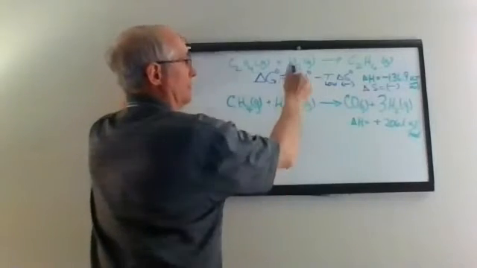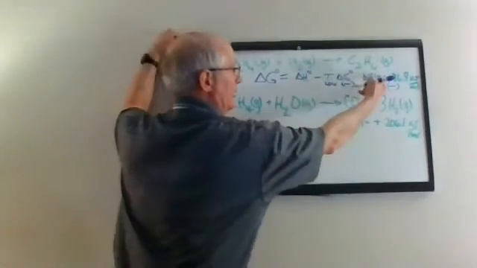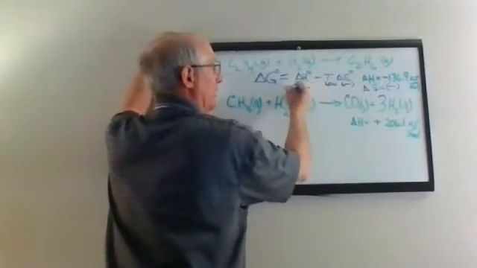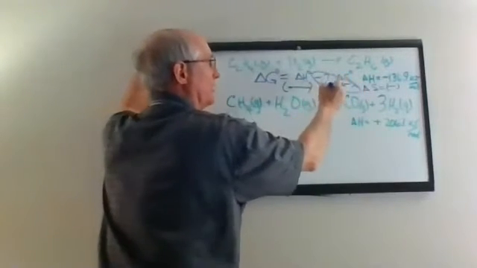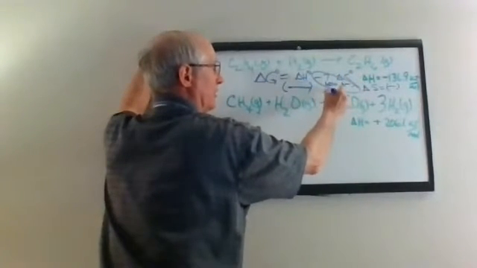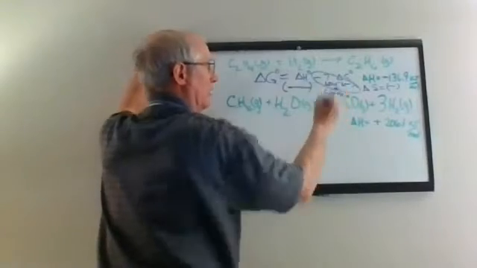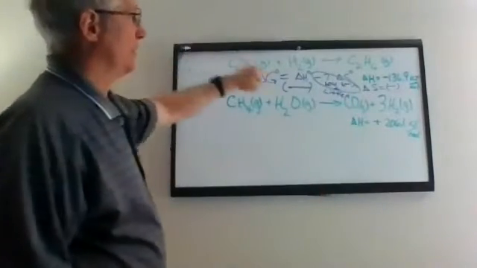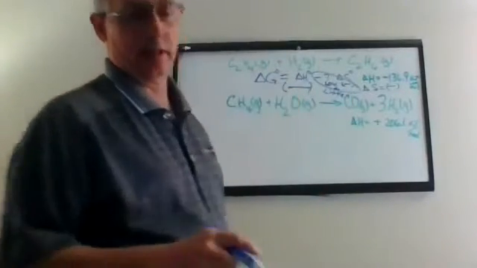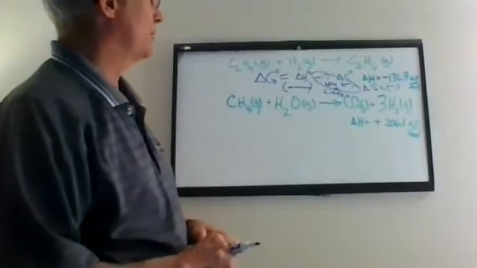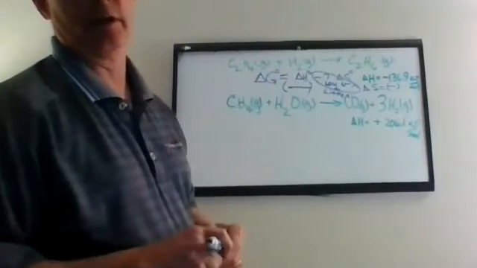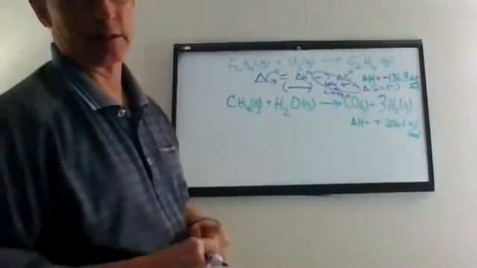This thing here is a negative, and this is a positive, but it's a little positive. And so the negative delta H enthalpy predominates. And so as a result, this thing is going to be spontaneous.